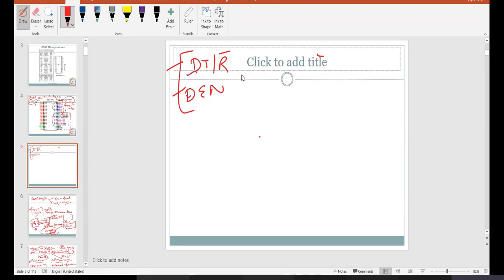In both cases, D stands for data, T stands for transmission, R stands for reception. So DTR is basically data transmission or data reception. Transmission can be activated by providing 1 and reception can be activated by providing 0.